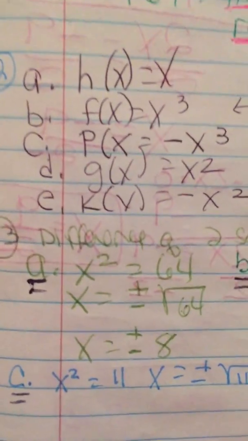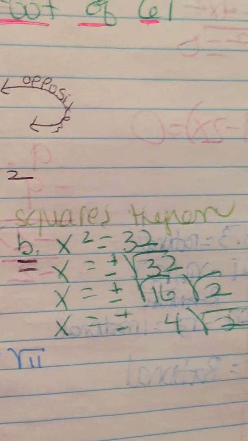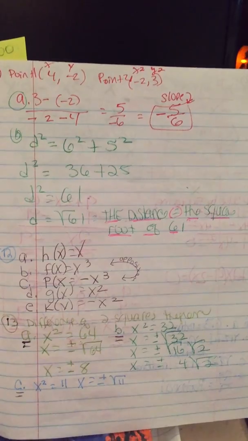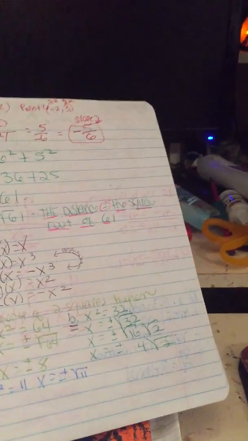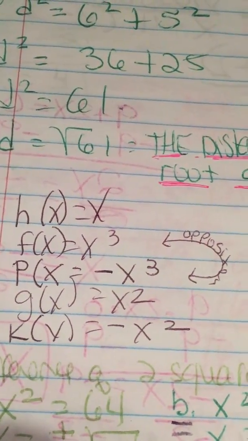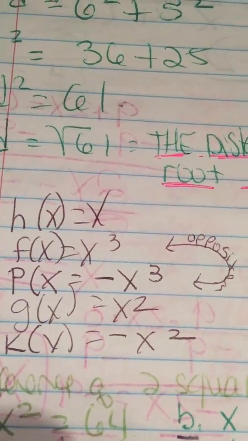This is a little hard to look at. We have numbers 11, 12, and 13 here, right on this page. And remember that these are opposites.